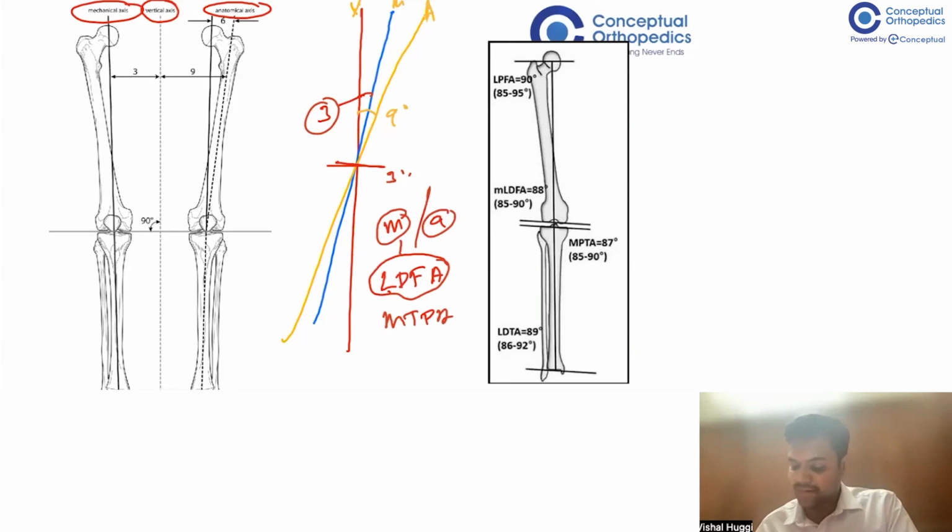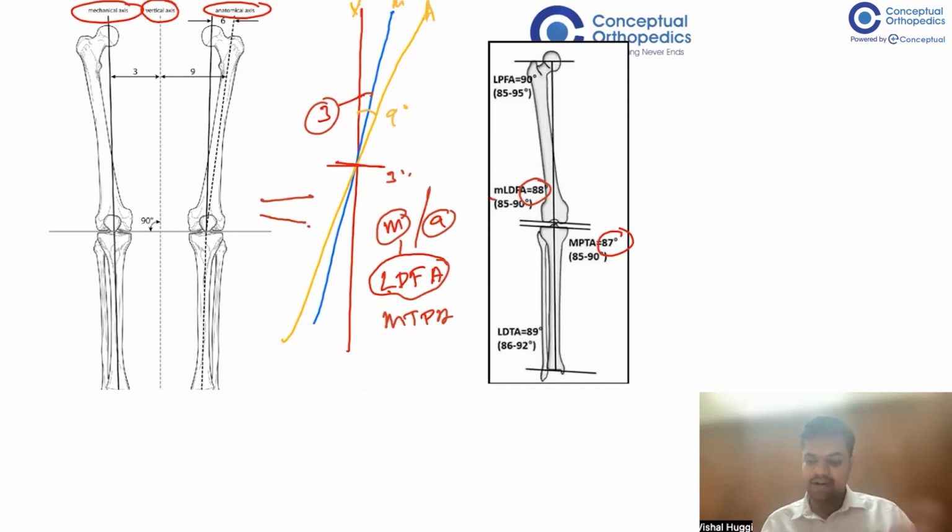With respect to arthroplasty, I'll be speaking about mLDFA. What is mLDFA? Mechanical lateral distal femoral angle, which is about 88 degrees, and the medial proximal tibial angle is about 87 degrees. That means what? The joint is not straight, it is 3 degrees varus.